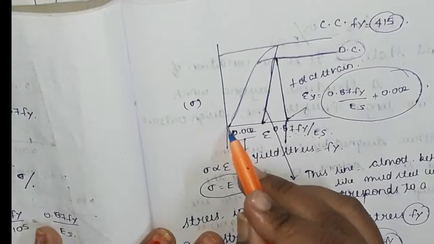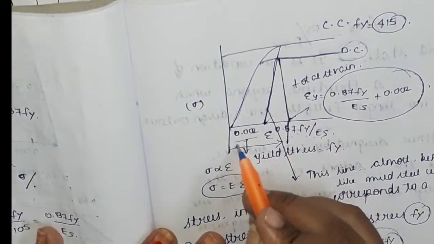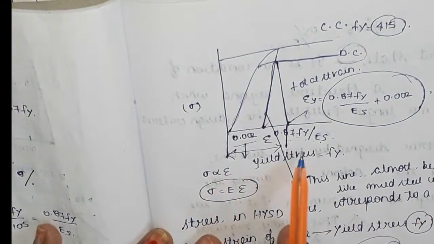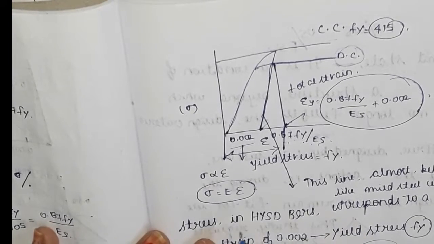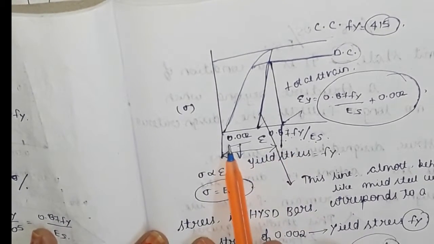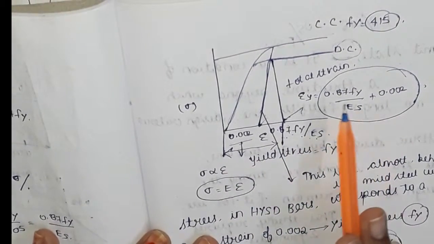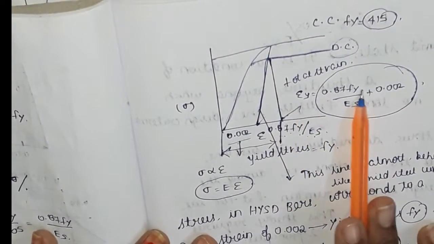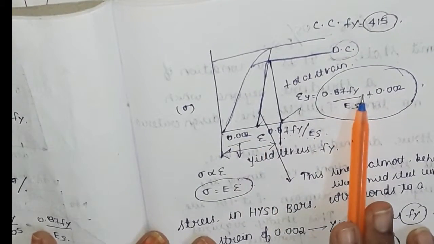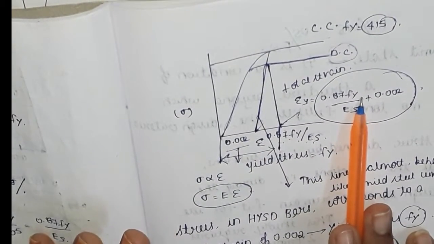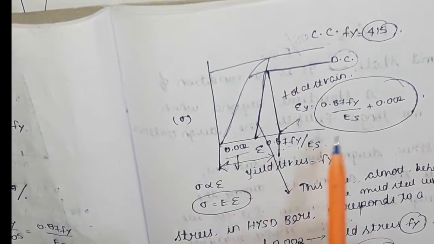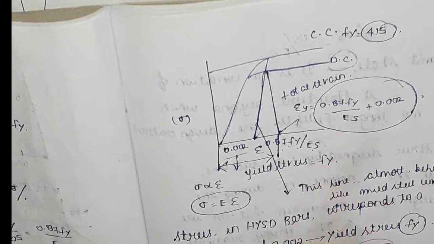So this entire thing is going to represent the strain for steel, which is nothing but the addition of these two values, 0.002 plus 0.87 Fy by Es. So this is the ultimate strain for steel, and all these values we are going to consider in the stress strain curve of a beam. If I know all these values, then only we can draw the stress strain curve for a beam.